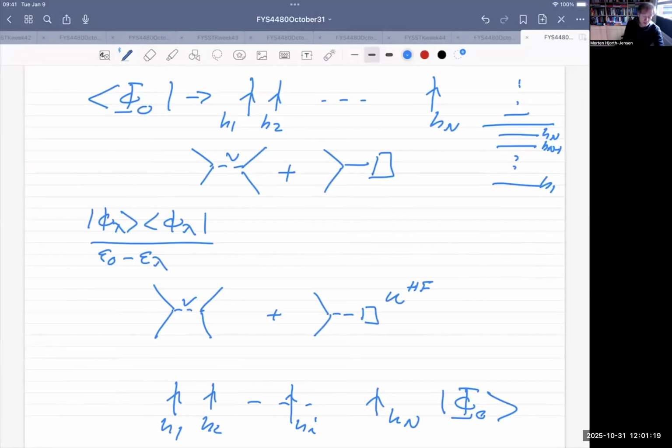So what this means, if we now think of this specific state, this one, that would be something like a state which could represent the same hole states, H1, H2, but then one of these is now being promoted to be a particle state. So I'm just putting these two lines here to indicate that this could be a particle state I. And then we have the final Hn.